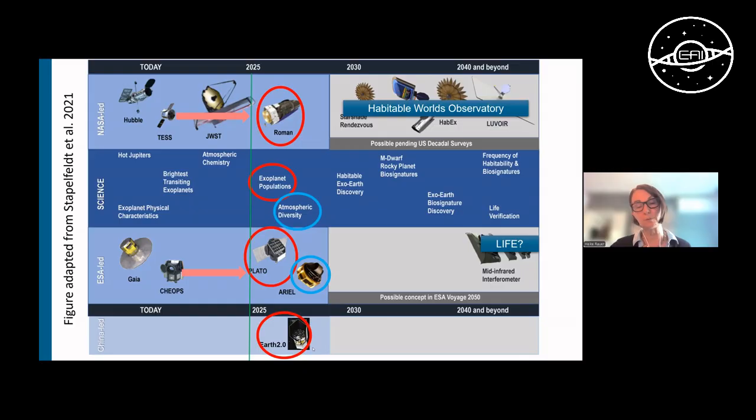It will point to the north, with a larger field of view than Kepler. The next step forward is atmospheric diversity with Ariel, followed by missions like the Habitable Worlds Observatory or the European LIFE concept, aiming at atmospheres of rocky planets and even biosignatures.